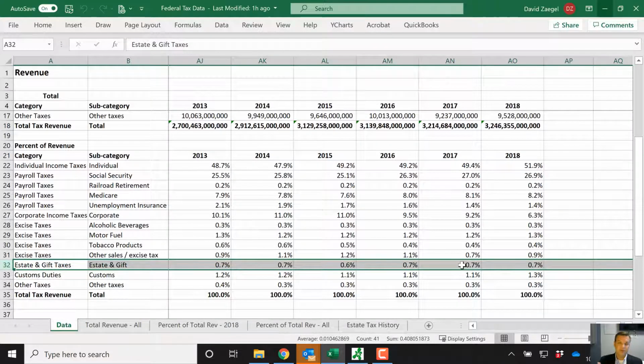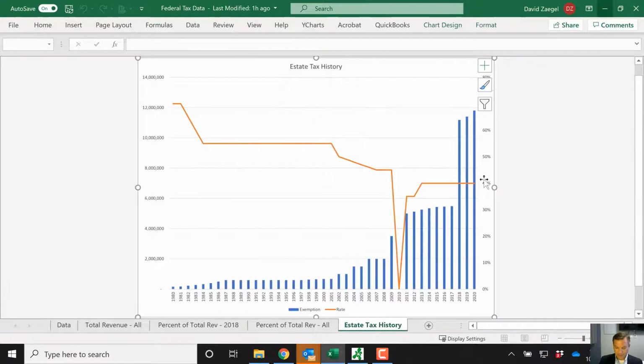So this goes back to the point we made in the first video about there's always a lot of debate about tax rates and tax levels, but the economy is really the biggest driver of how much money the government takes in. We can see in this data set that even when the Tax Cuts and Jobs Act went into place, it bumped the exemption way up and the tax rate didn't move.